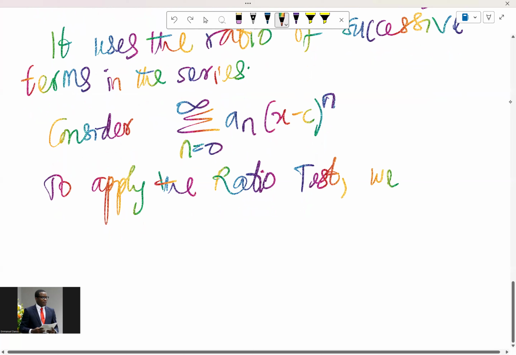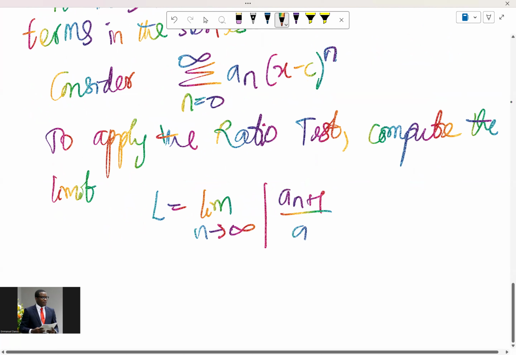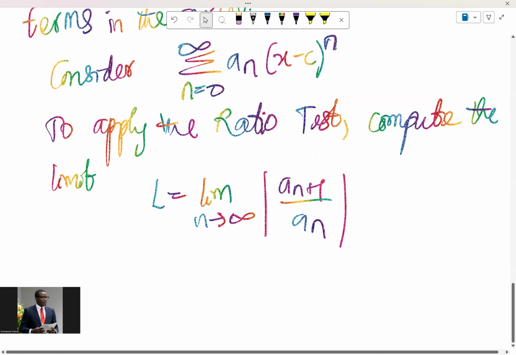The limit L is defined as limit as n approaches infinity of the absolute value of a n plus 1 all over a n, which we also did when we were testing for convergence.